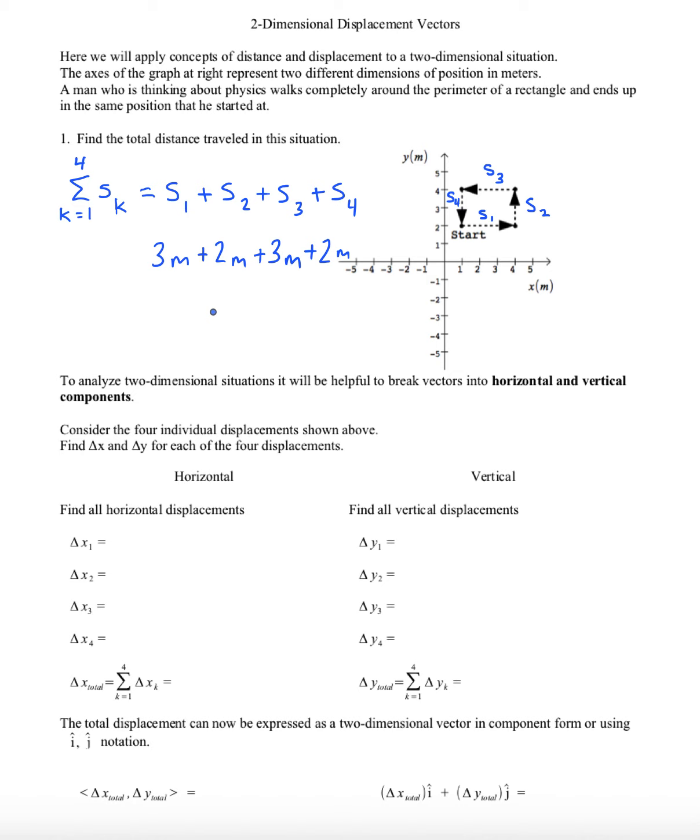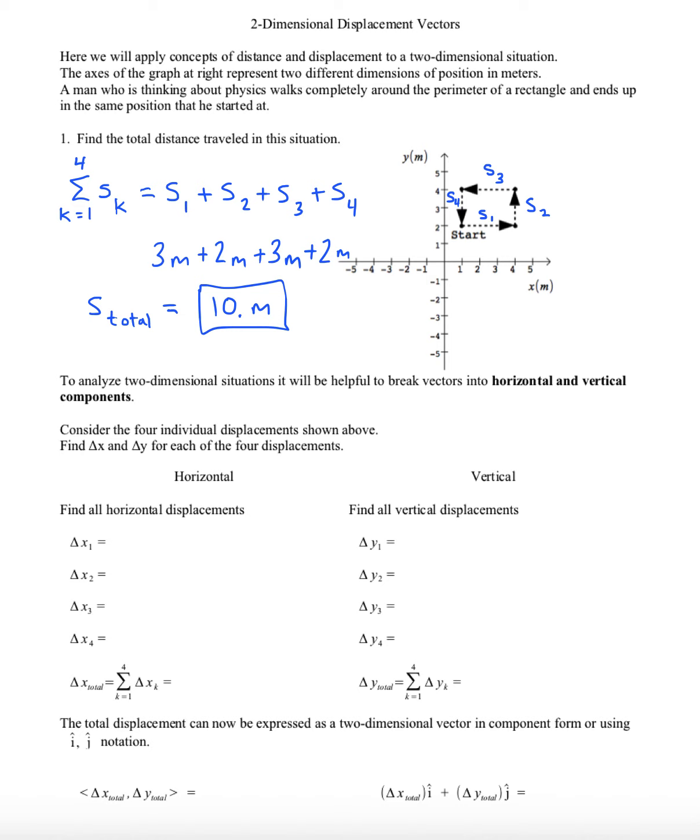This gives us a total of 10 meters, and that is what we can refer to as s total. Now remember that with distance, the direction we're walking doesn't matter. All that matters is that we're traveling, and we want to keep track of how far we've traveled.